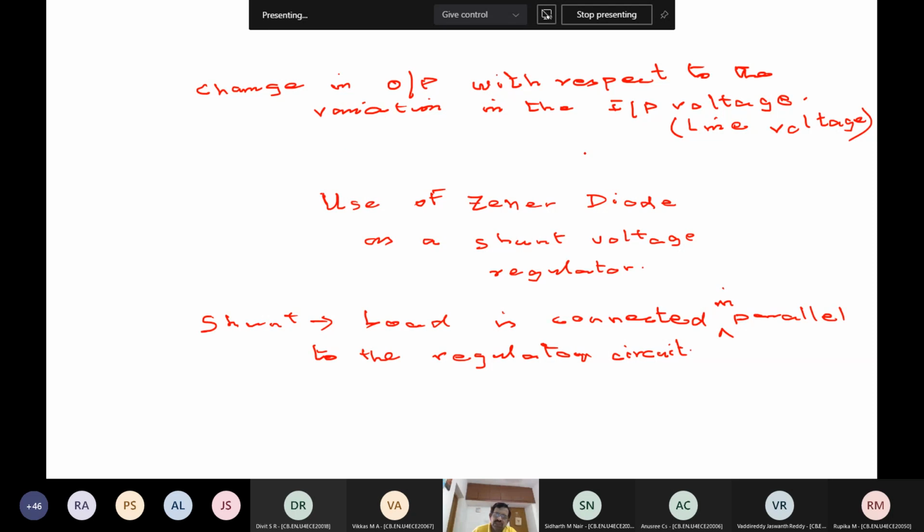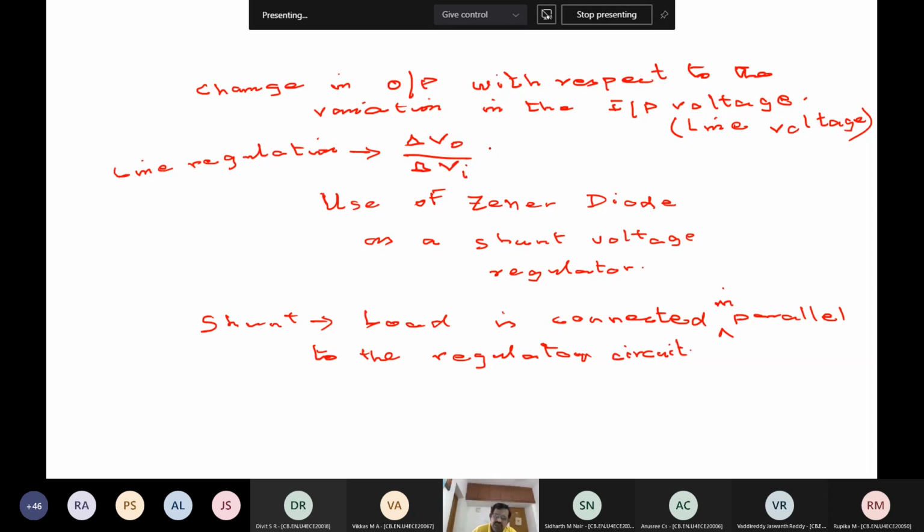So this is called line regulation. Line regulation is usually defined as the change in output voltage relative to the change in input voltage.